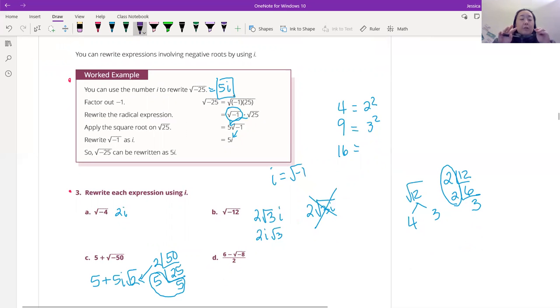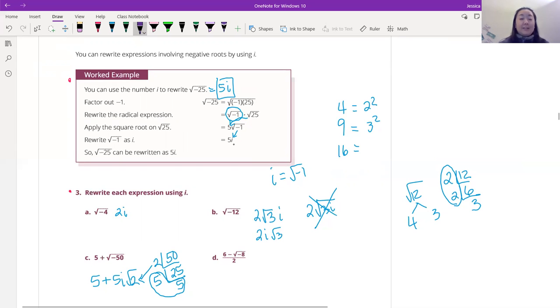So we separate them out. And when we're multiplying two numbers under a radical, we can separate those two radicals. So it's the square root of -1 and the square root of 25. We know the square root of 25 is 5. And we know that the square root of -1 has been defined as i. So instead of saying the square root of -1, we just say i. So the answer is just 5i.